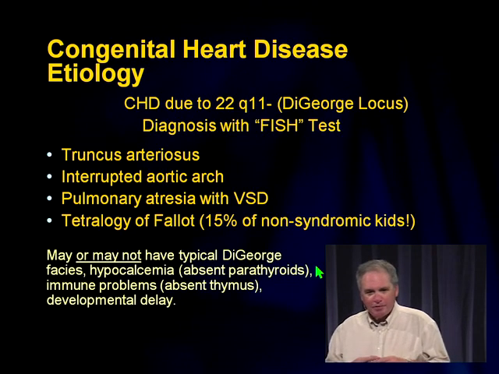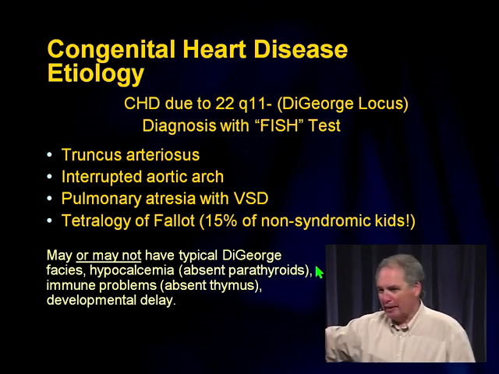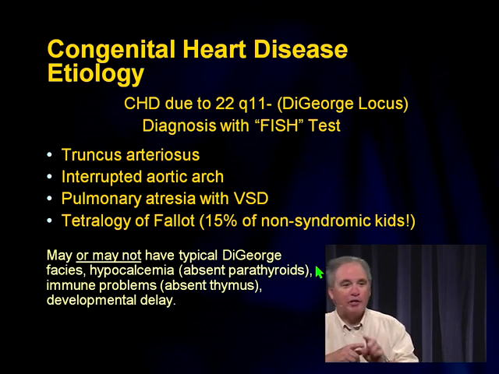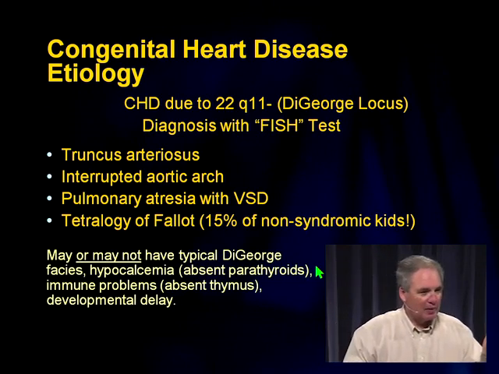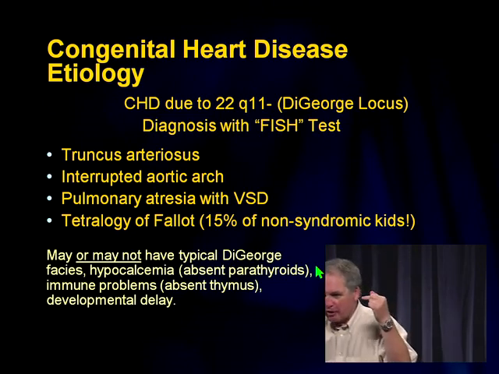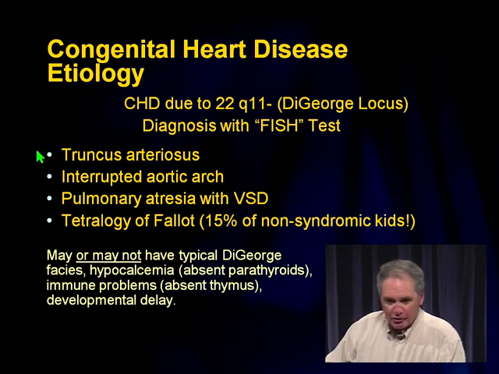And this is also on your notes, this gets an asterisk, a highlight, yellow everywhere, okay? The FISH test, the fluorescent in situ hybridization test to detect the deletion of chromosome 22, the long arm of chromosome 22, the region responsible for the DiGeorge syndrome. And here are the heart defects that you should say to yourself, uh-oh, I need to do a FISH test. Truncus arteriosus, I'll show you that later, and I'll remind you about it later.